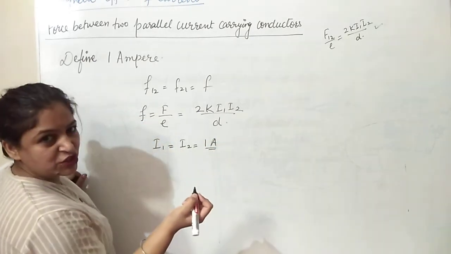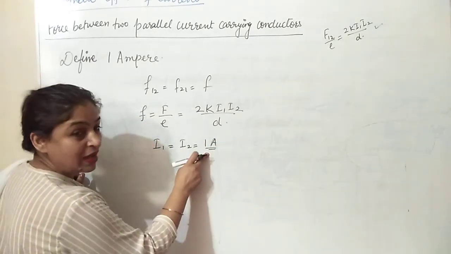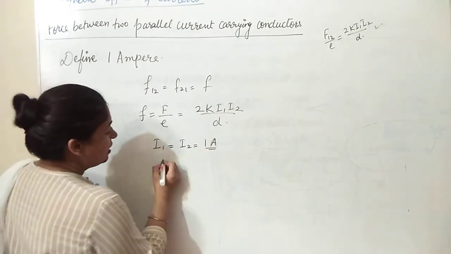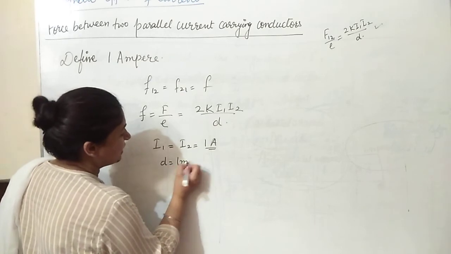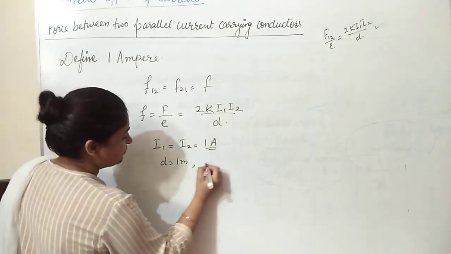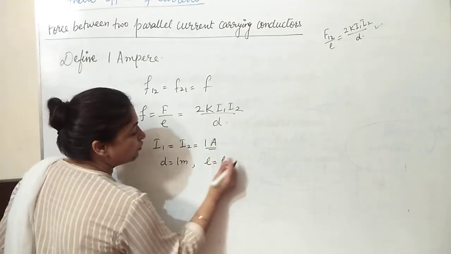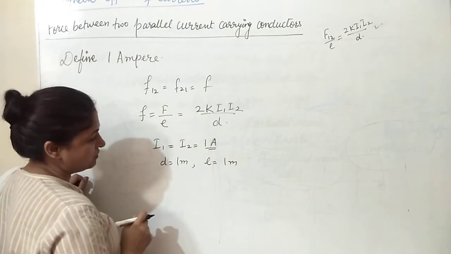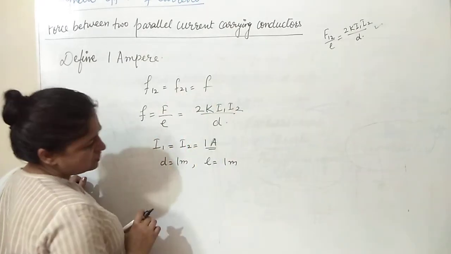If both currents are 1 ampere, and D is 1 meter, that is, the distance between the two conductors is 1 meter, and the length of both conductors is also 1 meter, let us substitute all the values as 1.